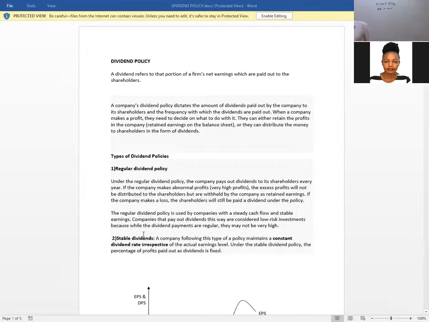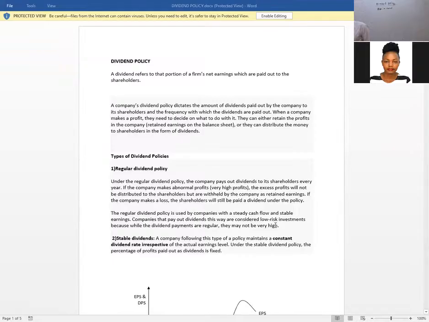The regular dividend policy is used by companies with a steady cash flow and stable earnings. Companies that pay out dividends this way are considered low-risk investments because, while the dividend payments are regular, they may not be very high.